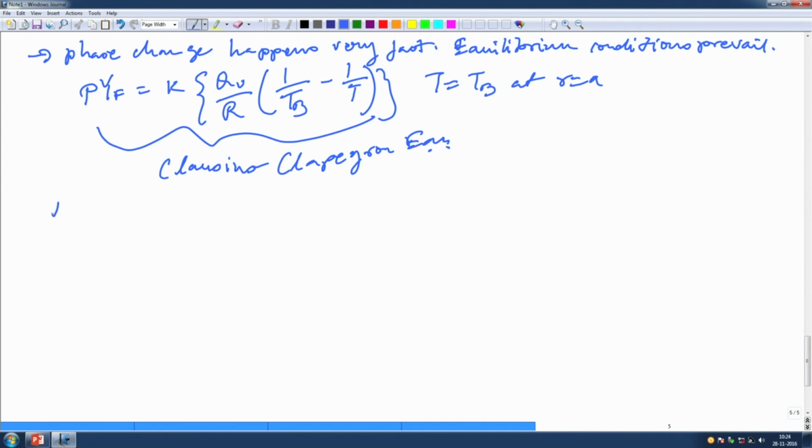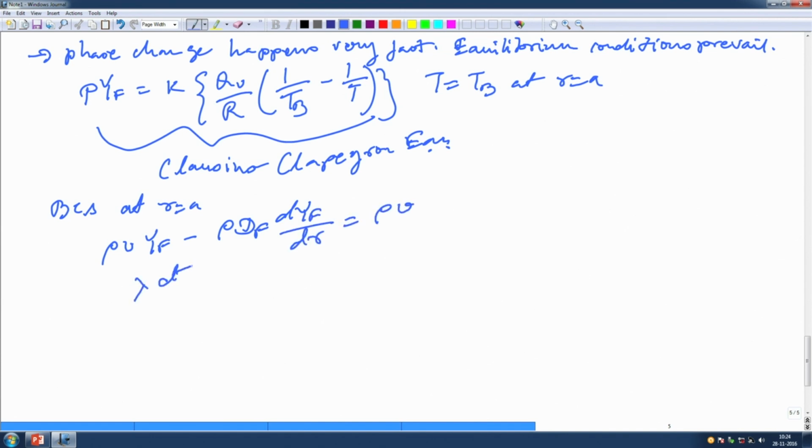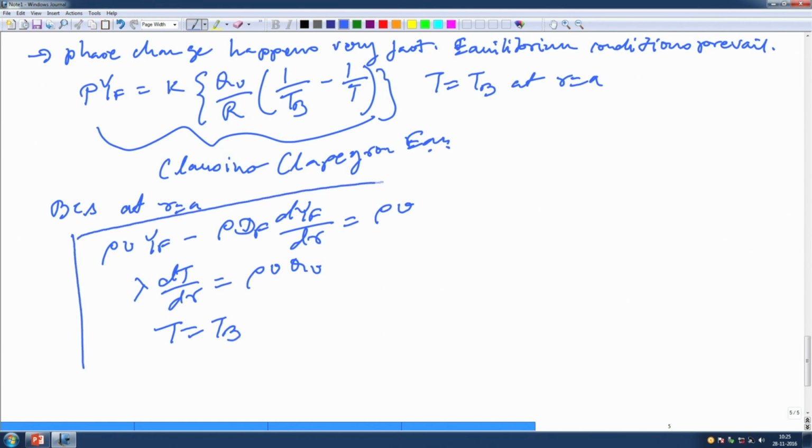So the boundary conditions at r equal to a are written as rho v Y_F minus, and so on.